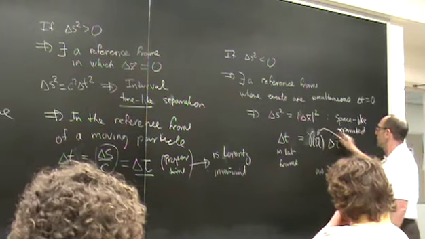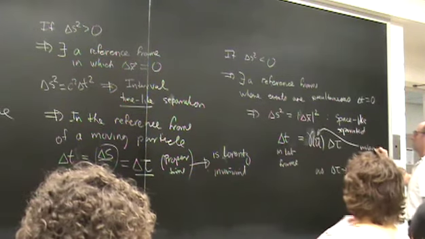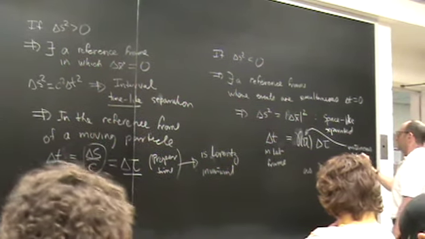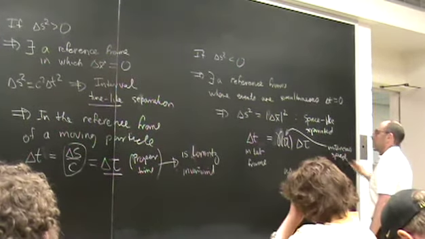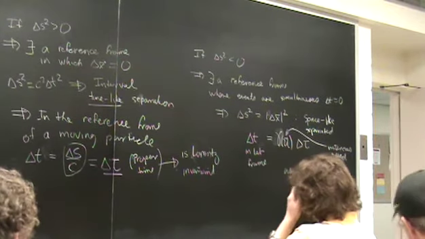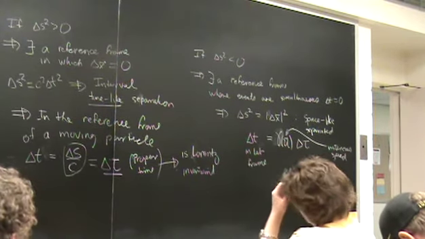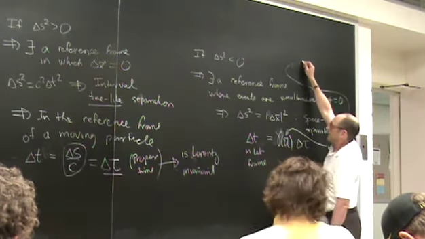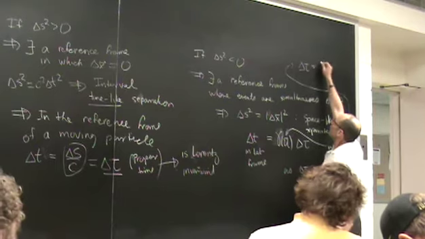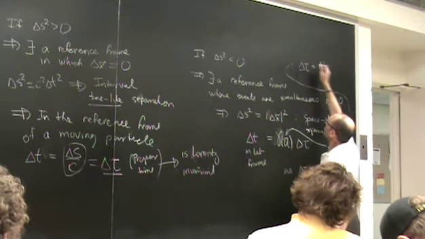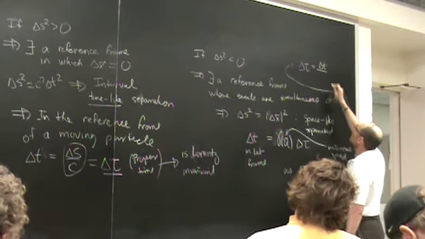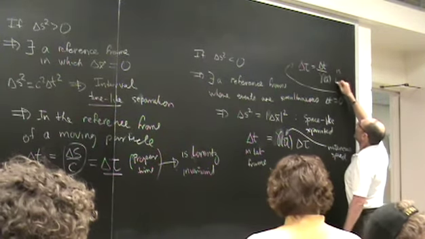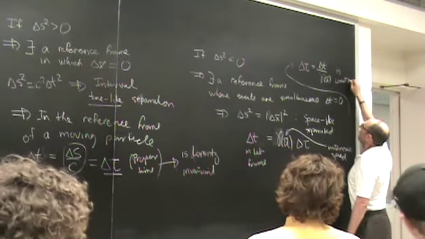And u is the instantaneous speed. So what we see from this is that delta tau, which is whatever the time interval is between those events divided by the local gamma, is Lorentz invariant.